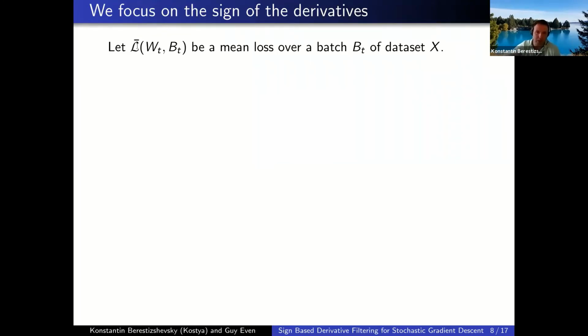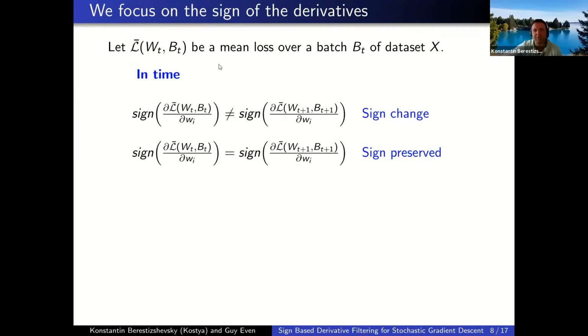Calligraphic L of weights and batch means that this is the average loss value of the model W averaged across the examples in mini batch B. We can look at changes in time, namely, we look at the partial derivative of a loss function with respect to one parameter at the current batch, and we look at the very same derivative but in the next batch. And if there is a change, this is a change in time.